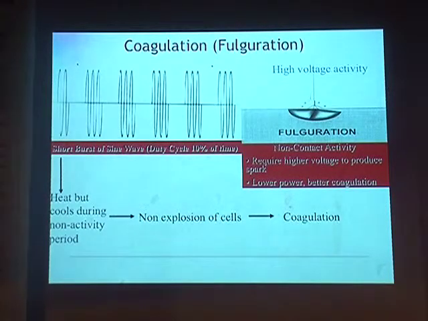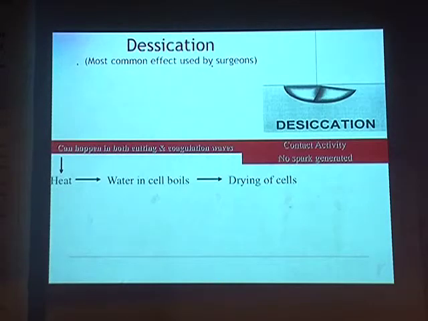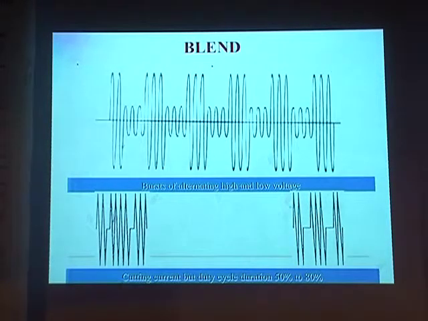So there is an active cycle and a non-active cycle. The moment of the active cycle, the tissue gets heated, and during the non-active cycle there is cooling of the tissue. So it gets heated and cooled, the water dries up and the tissue gets desiccated.